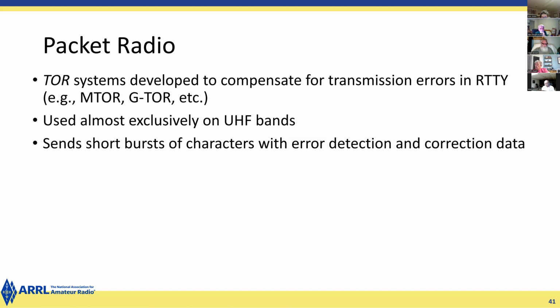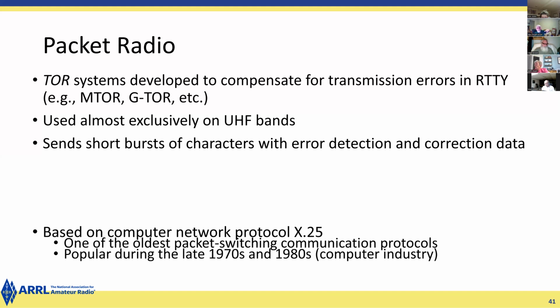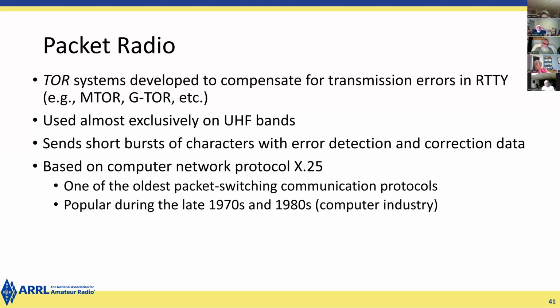The Tor systems also do error correction. They send short bursts with error detection and correction, and they're based on packet switching protocol X25, which is very old, but has been adapted successfully to amateur radio.